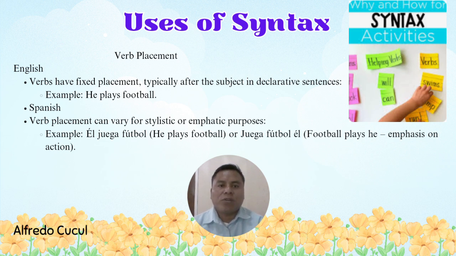In Spanish, varying verb placement, for example, él juega fútbol or juega fútbol él, can add emphasis or change the tone. Recognizing these differences enhances students' syntactic awareness, enabling them to communicate more effectively and appreciate the nuances of different languages.